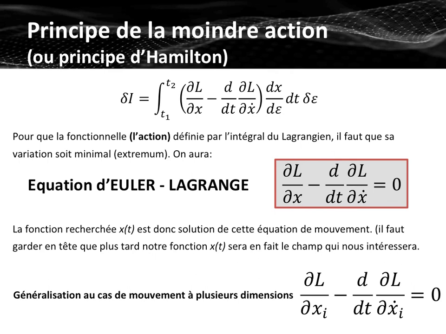All French: Euler, Lagrange, and Hamiltonian. Euler-Lagrange equation. Now this is an equation of motion. So the x of t that we will find is the solution of this equation of motion that satisfies the least action principle. After that, we will see later that this x will be replaced by the field that interests us, so we can find the expression of the field.